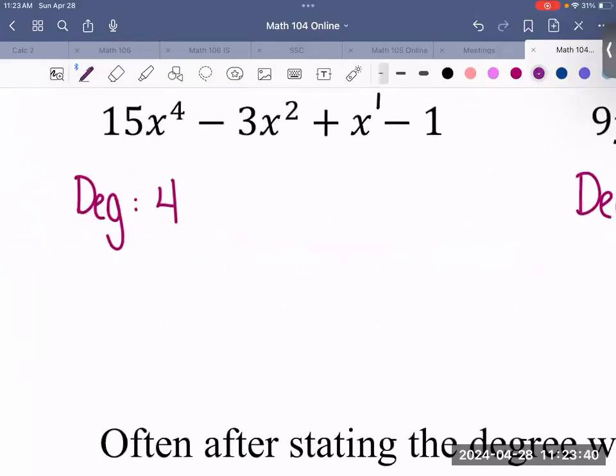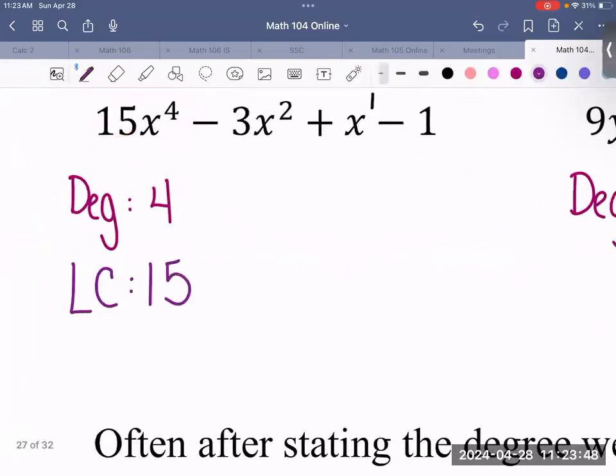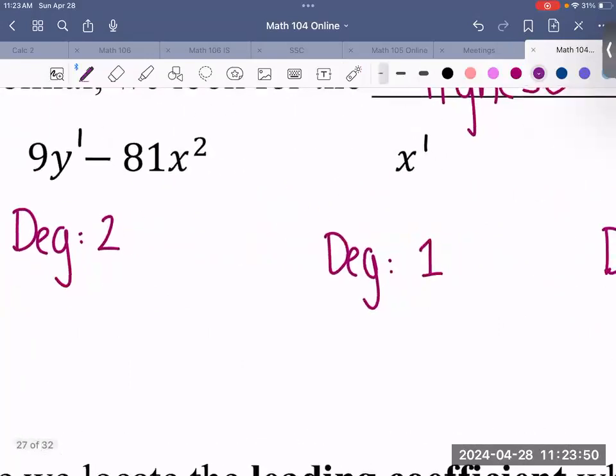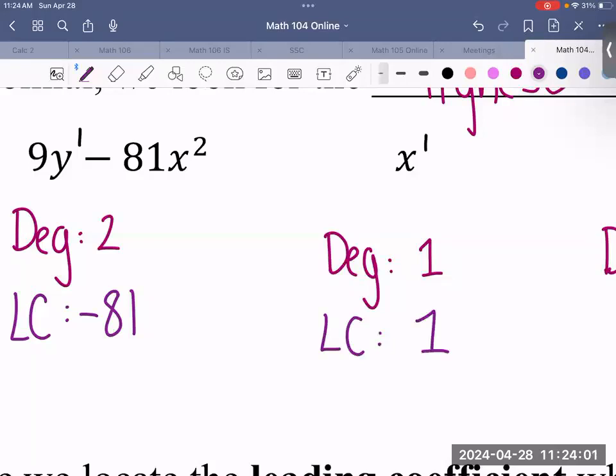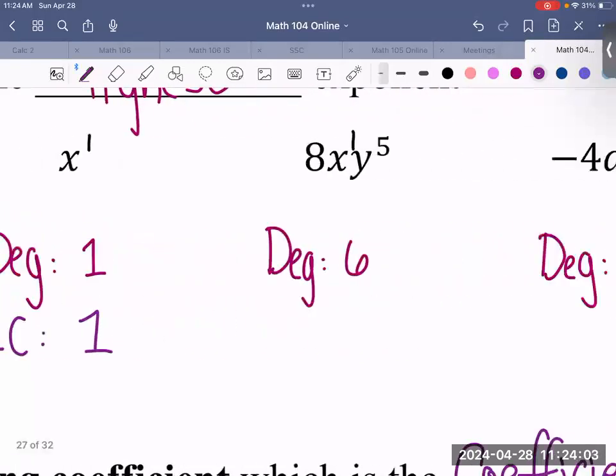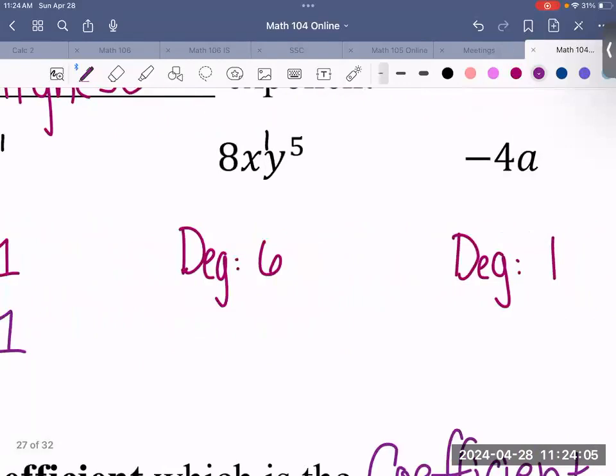Well, because it is attached to your highest degree, our degree being 4, the coefficient of this term is 15. The leading coefficient here is negative 81. And on this one, if we're not seeing a coefficient, it is assumed to be 1. And the next few are pretty easy to see. We have 8. We have negative 4.